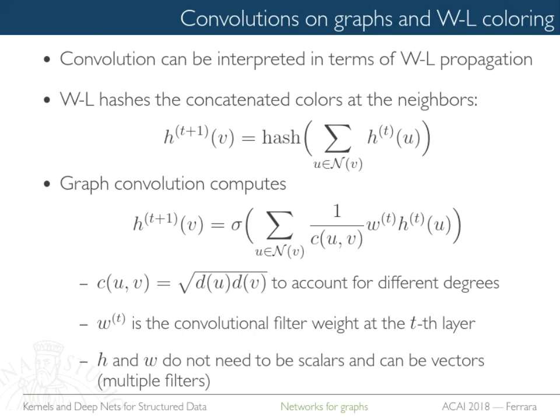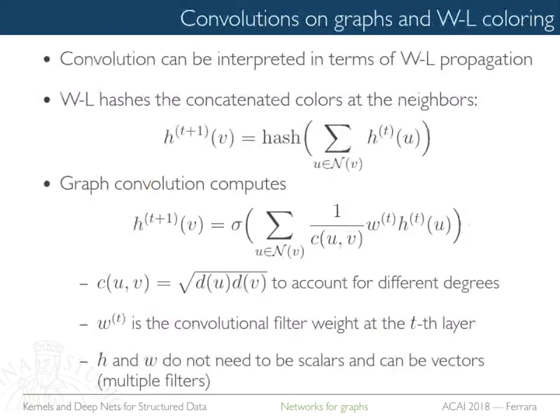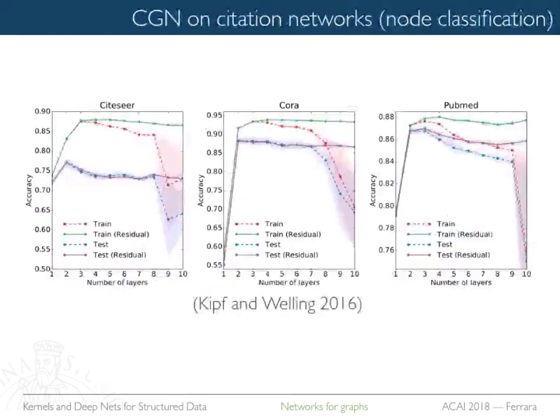Okay, that's a major difference. Layer dependent or iteration dependent weights. Of course, I did the picture here with scalars, a single filter. You can use an array of filters. Like a convolutional network, you don't use a single filter, you use many filters. Same story here. H and W can be vectors, right? The equation doesn't really change, just the interpretation of the equation changes.